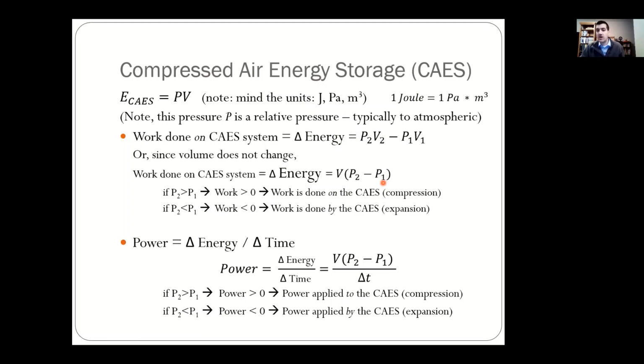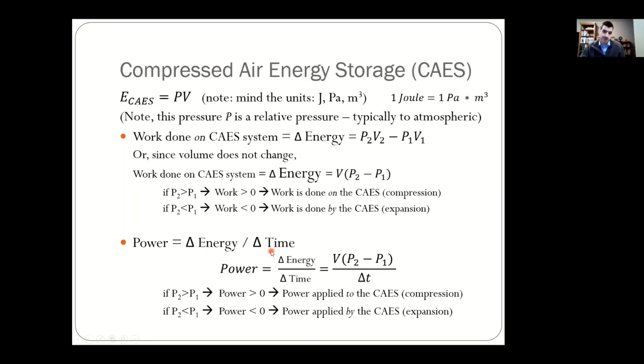If P1 is greater than P2, this is going to be a negative number, which means our change in energy and our work is less than 0. And that means work is done by the system. That means it's expanding and driving a generator. So we're discharging.